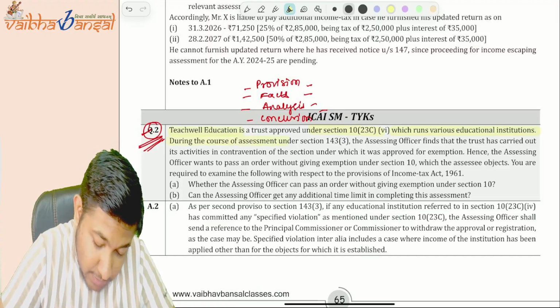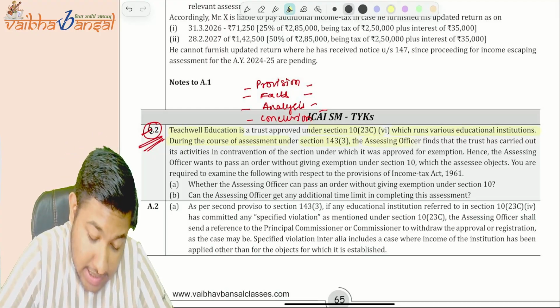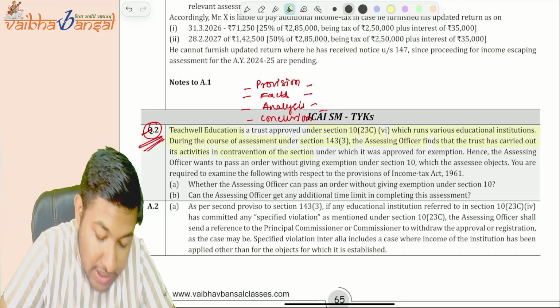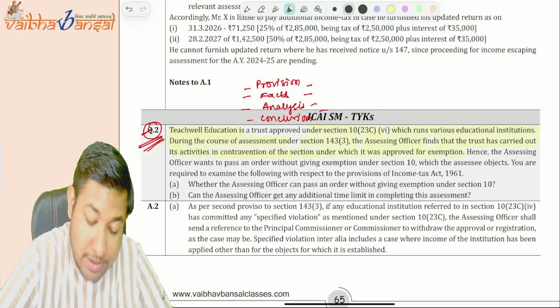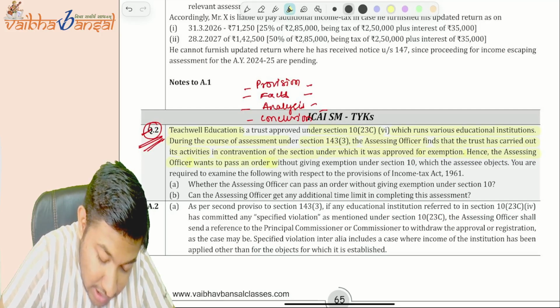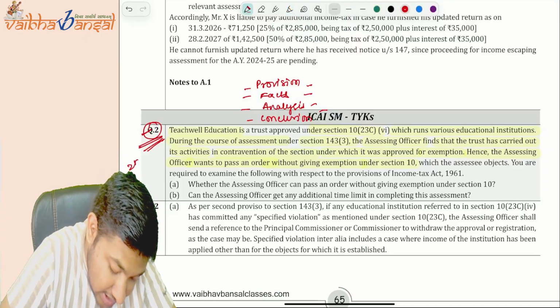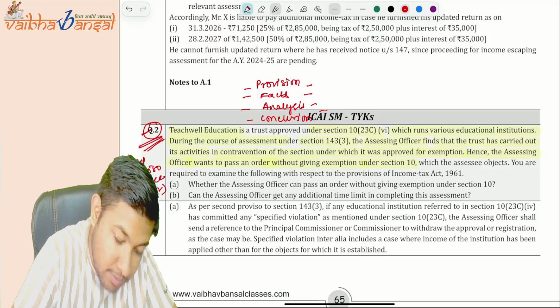During the course of assessment under section 143(3), that is a scrutiny assessment, the assessing officer finds that the trust has carried out its activities in contravention of the section under which it was approved for exemption. Hence, the assessing officer wants to pass an order without giving exemption under section 10. That is what it is talking about, the second proviso to section 143(3).